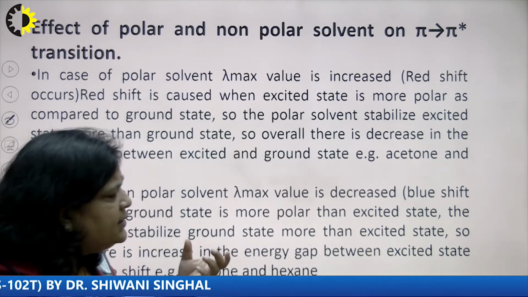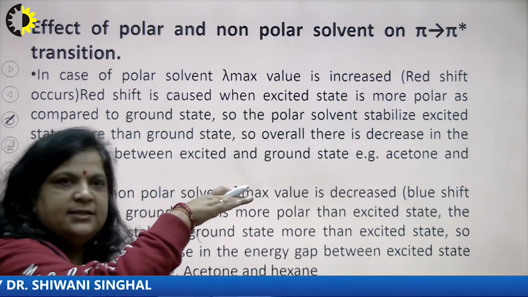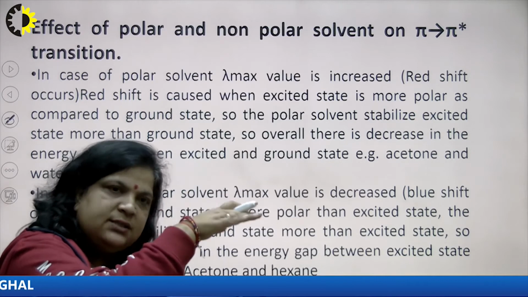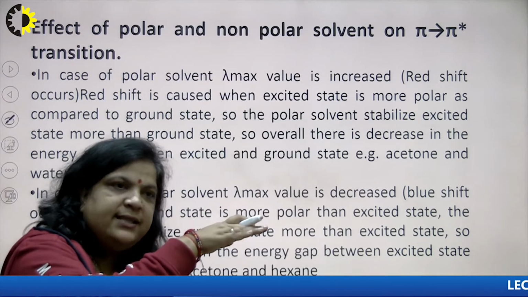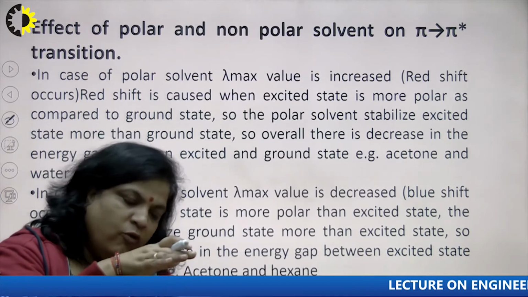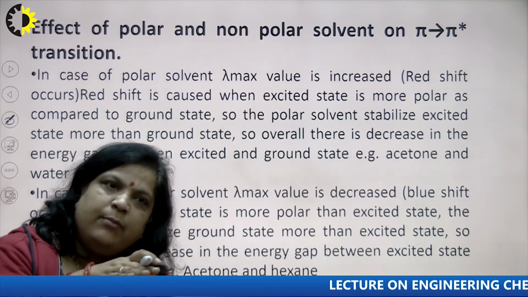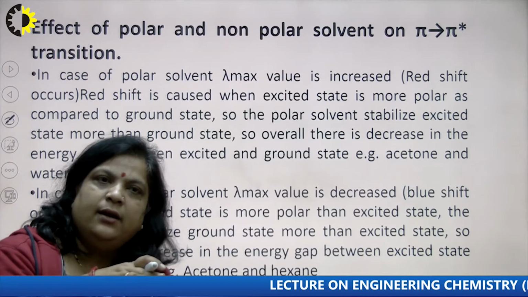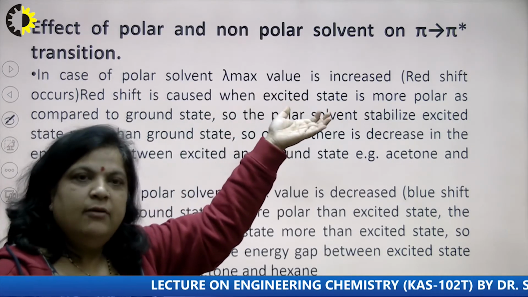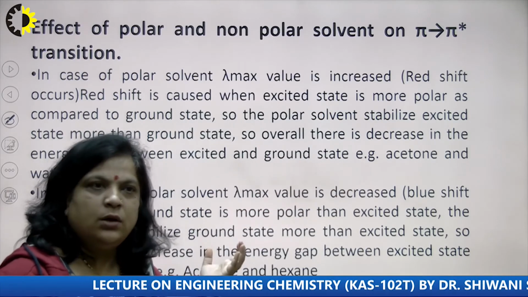The reason behind this is that since the excited state is comparatively more polar, the polar solvent stabilizes the excited state as compared to the ground state. So, overall the energy gap between the excited and ground state decreases, and that is why the lambda max value increases. For example, acetone with water.